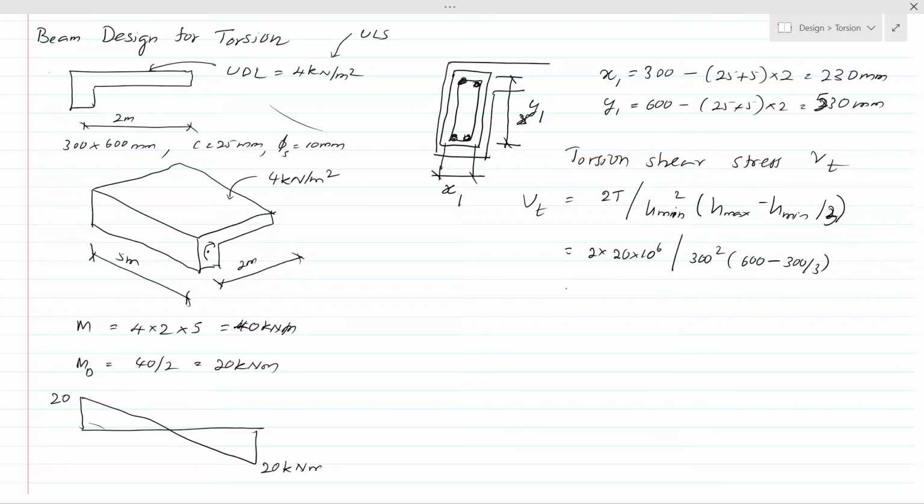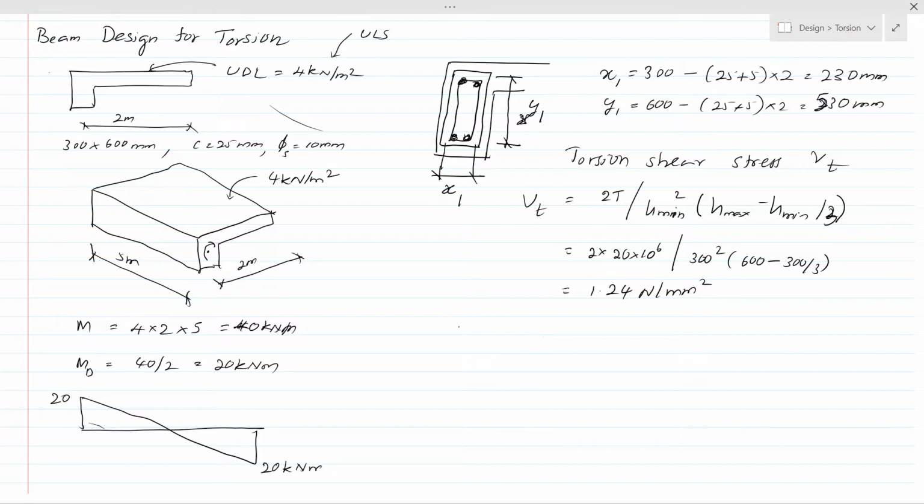From this we can calculate the torsional shear stress as 1.24 newtons per millimeter square. Right, now we know the torsional shear stress, so we can check whether shear links are required.